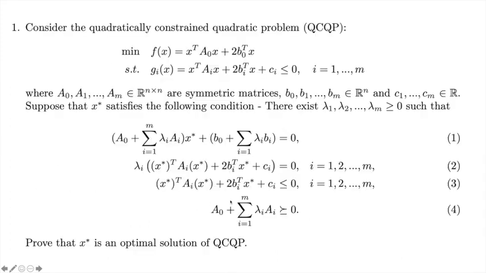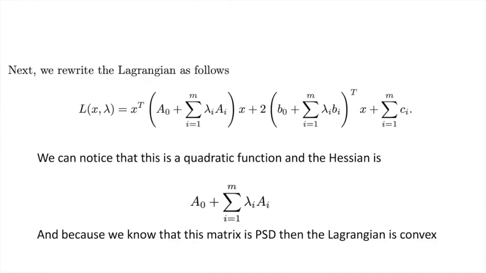As we were given over here, we know that this matrix is positive semi-definite. So we know that because this matrix, which is the Hessian of the Lagrangian for any given x, is positive semi-definite, the Lagrangian is convex, meaning that the KKT conditions apply here.